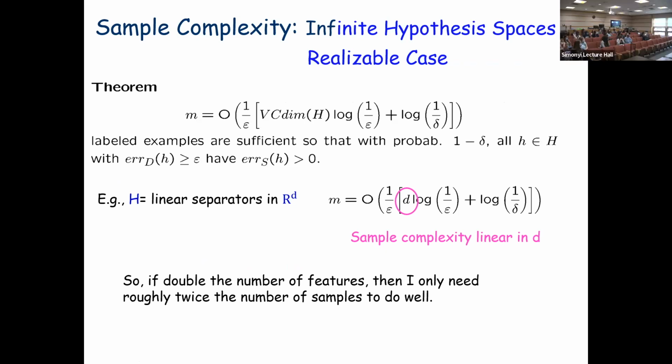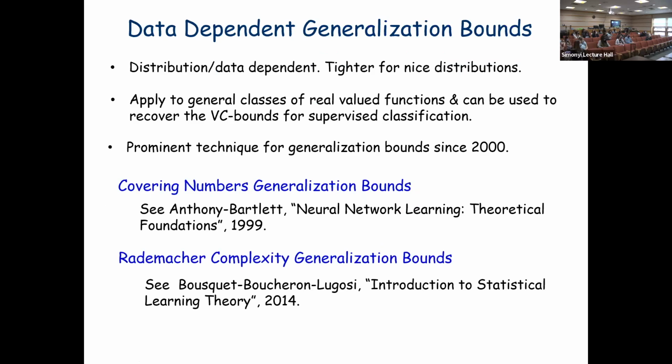Yeah, go ahead. So there is a reference to a paper on Rademacher complexity. Could you just go back so we could see it? This is a survey here, right? This Rademacher complexity generalization bound is a survey. Will you be talking a little bit about Rademacher complexity or not?